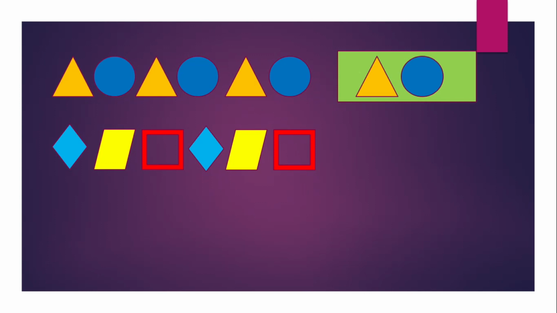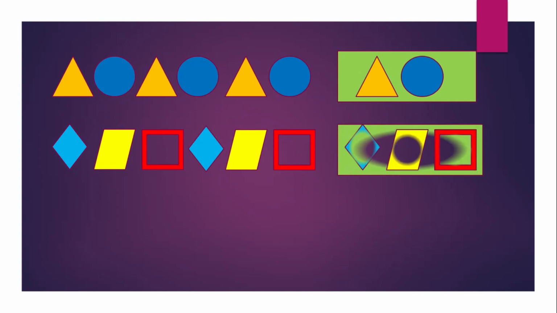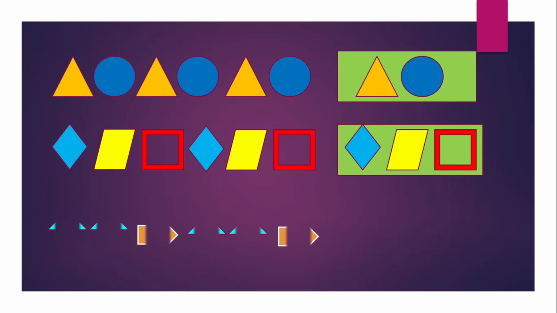Now you can see the next pattern. Here you can see the first is the diamond shape, then a rectangle and then a square. The three shapes are repeated, children. So now the final answer again will be the three shapes will be repeated.